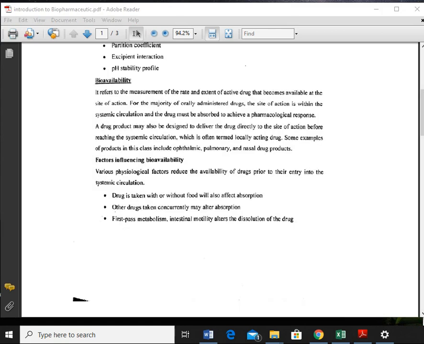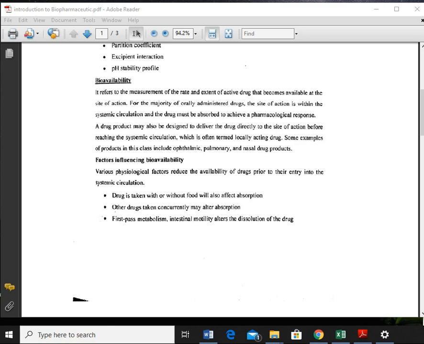Bioavailability refers to the measurement of the rate and extent of active drug that becomes available at the site of action. For the majority of orally administered drugs, the site of action is within the systemic circulation, and the drug must be absorbed to achieve a pharmacological response.